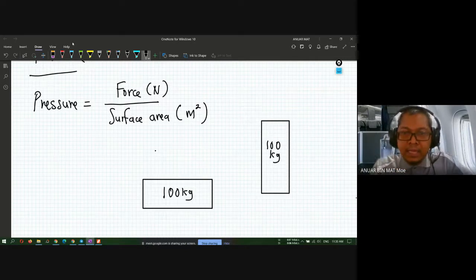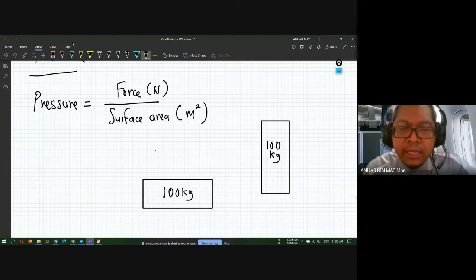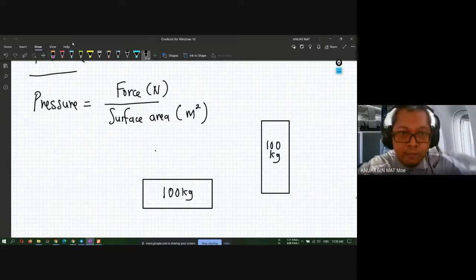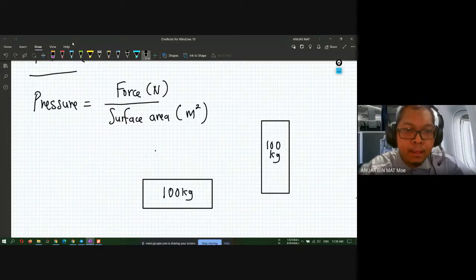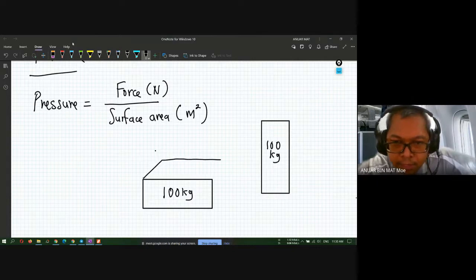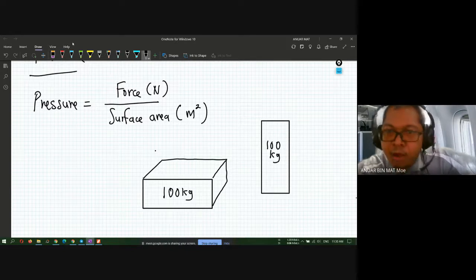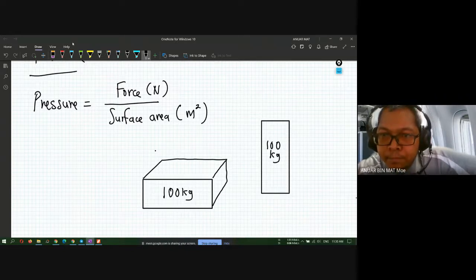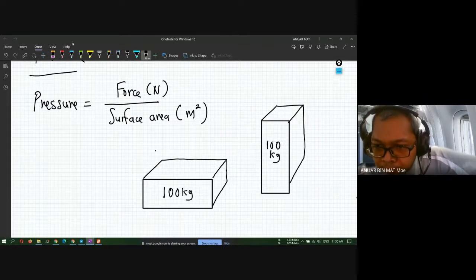This is the same amount of force. Never mind, I just draw it like this. Same amount of object, same amount of force. Similar object.